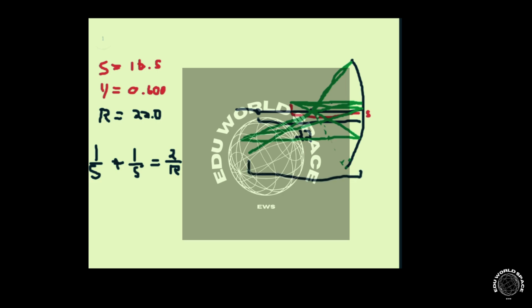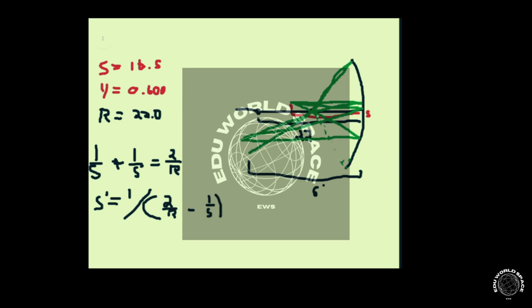So S prime is the distance from the mirror to our image. So if we manipulate this equation, we get S prime equals 1 over the quantity 2 over R minus 1 over S.